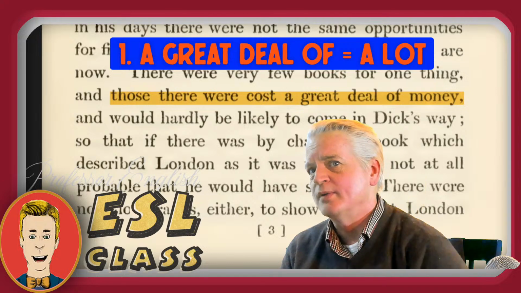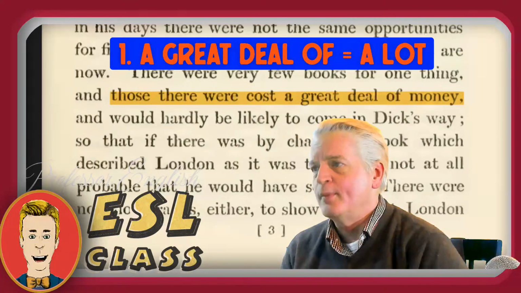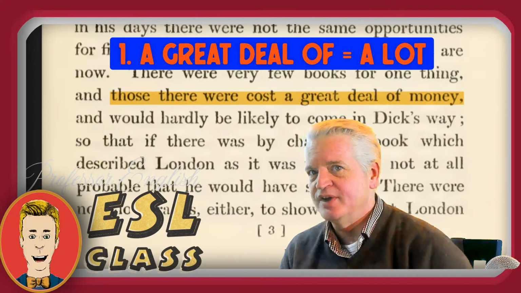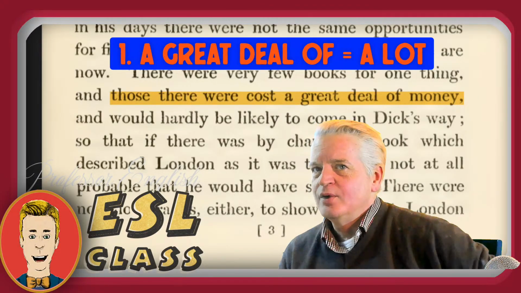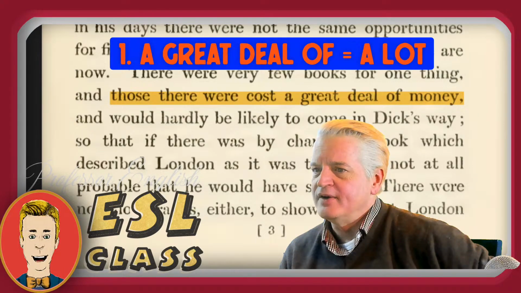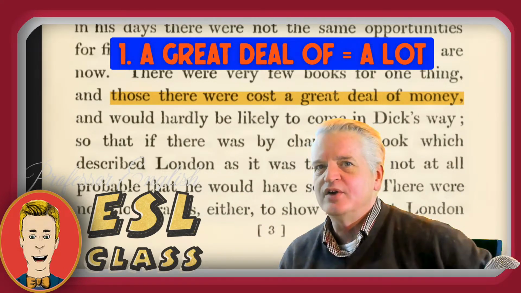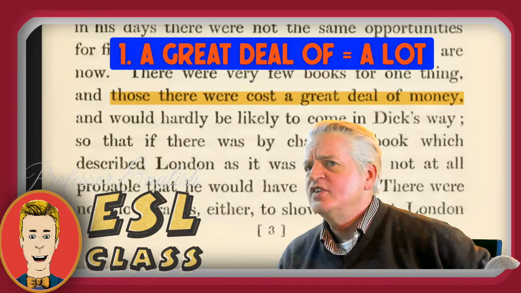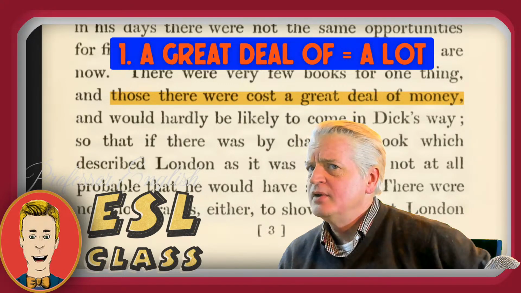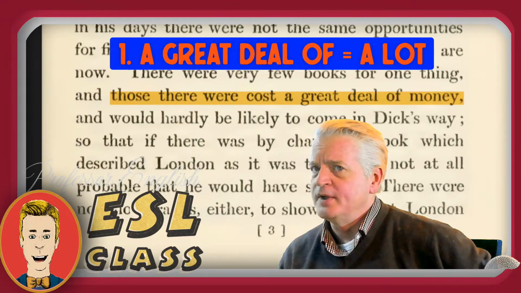Okay, let's try one more. Books were common. Remember, we're talking 700 years ago. How will you make a yes-no question with that sentence? Books were common. That means available everywhere. You can find them everywhere. Were books common? No, they weren't common.